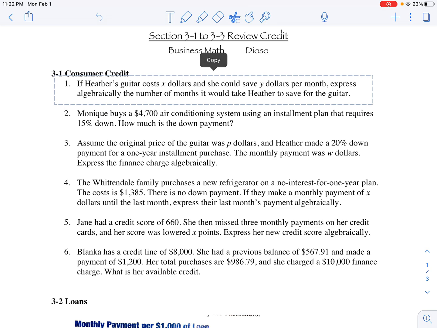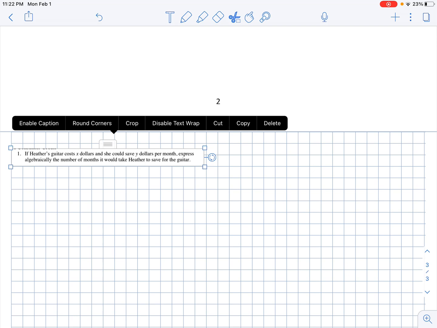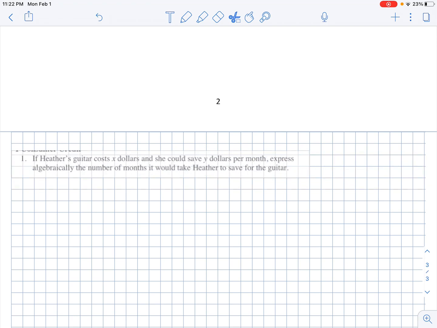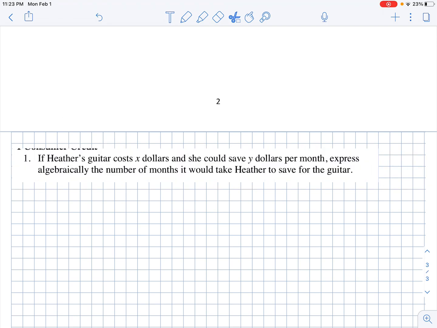So the first question here is, if Heather's guitar costs X dollars and she could save Y dollars per month, express algebraically the number of months it would take Heather to save for that guitar.